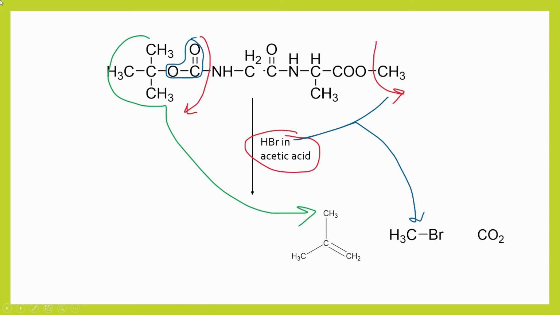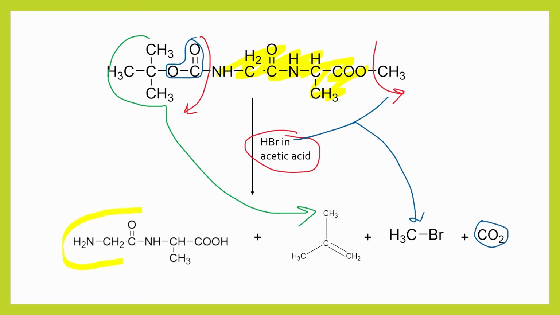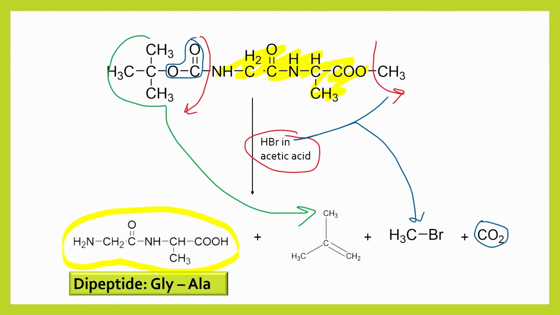So what we are left with is this part, which is our dipeptide. This part would come out like this, free of any protecting group, which is our dipeptide glycyl alanine, and this is how we synthesize a peptide through the DCC method.